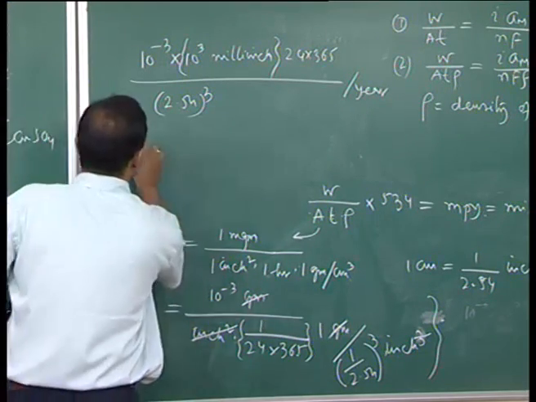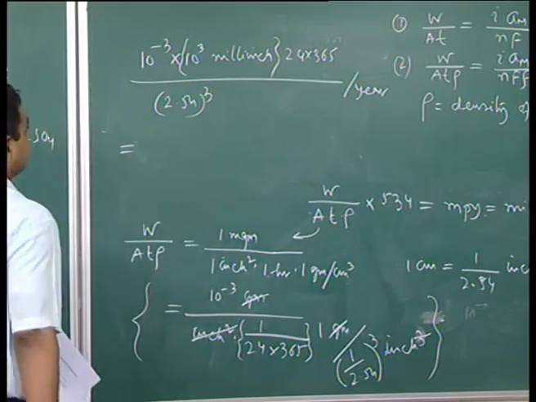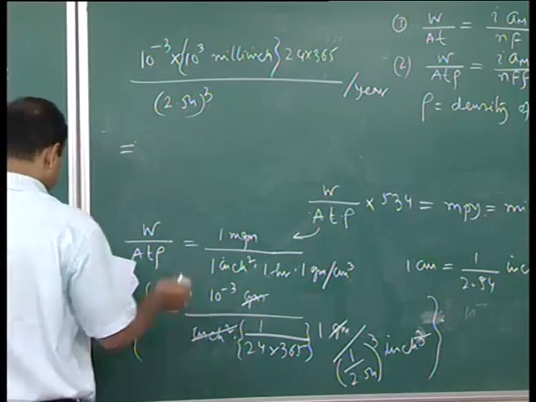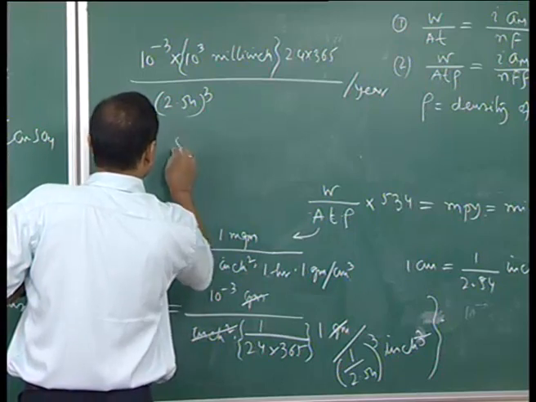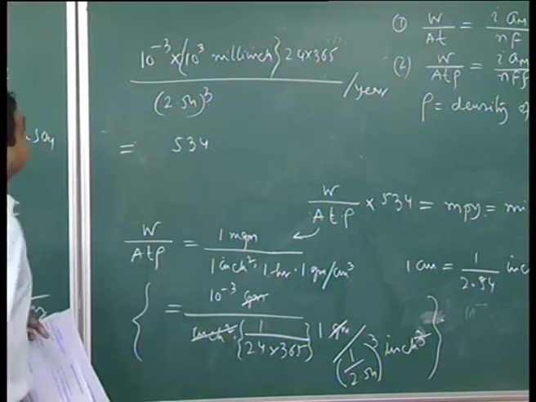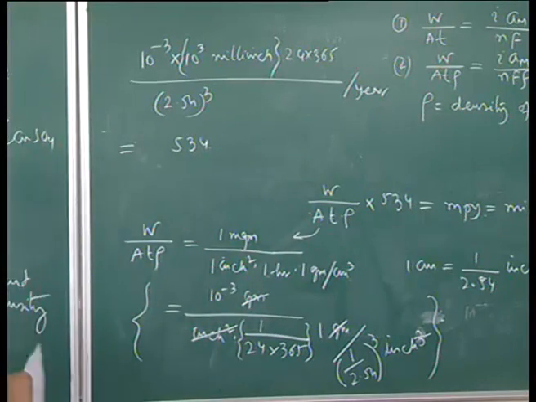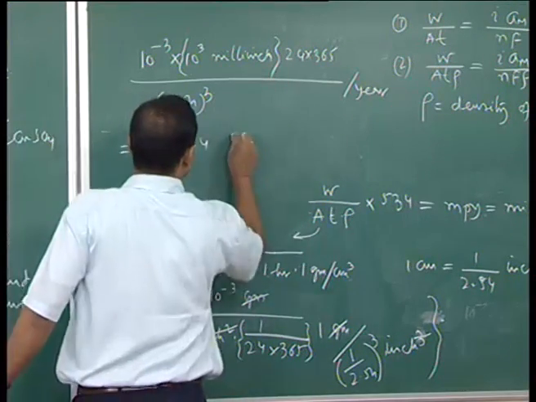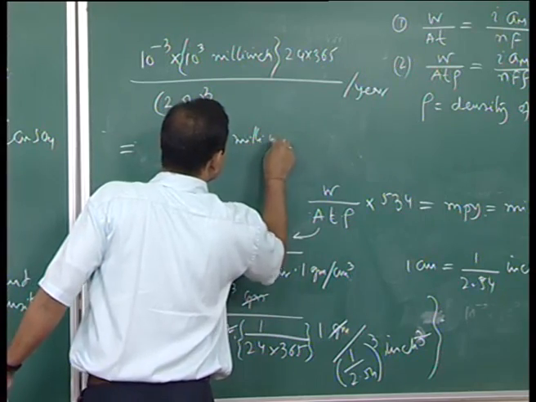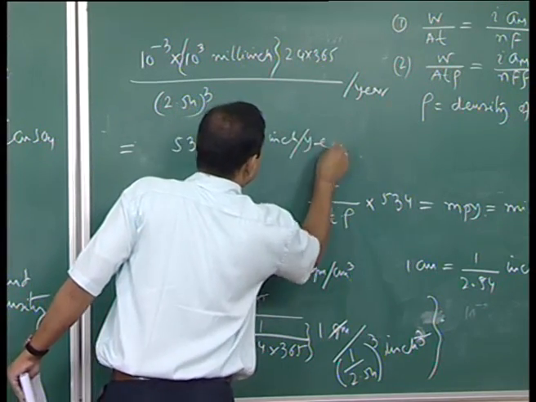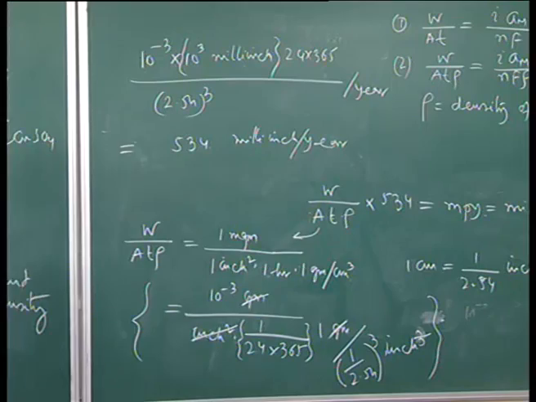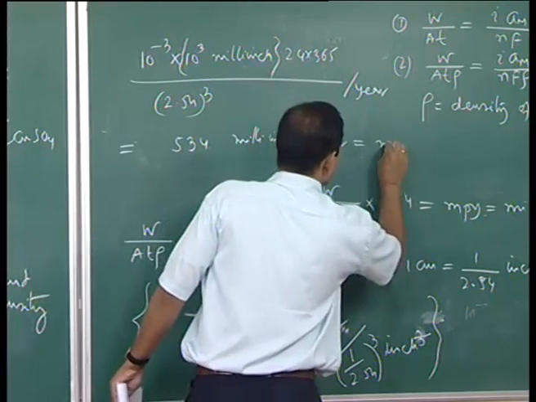So, if you do this calculation, you will see that this value is coming out to be 534. Yes, 534. So, this is nothing but milli-inch per year, which is nothing but MPY.